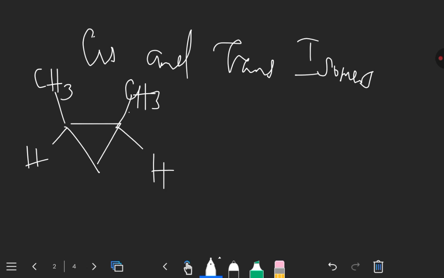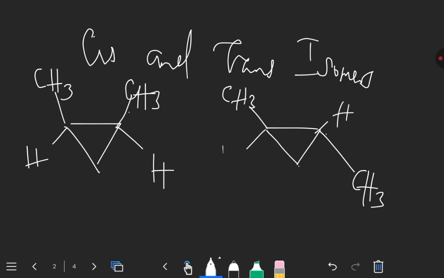Then we can have the same kind of structure, but for this one have the methyl in adjacent positions like that. So this is cyclopropane and this is cyclopropane, but there's a difference.